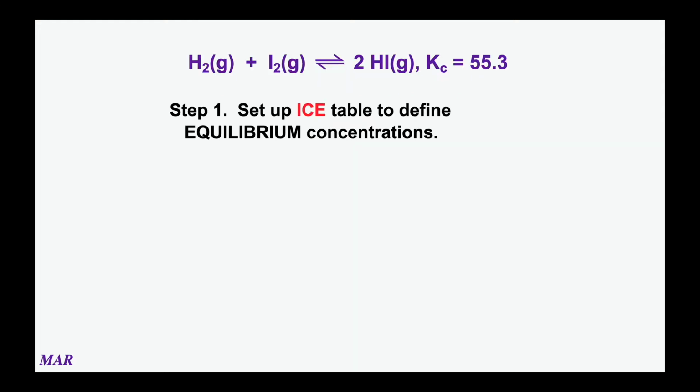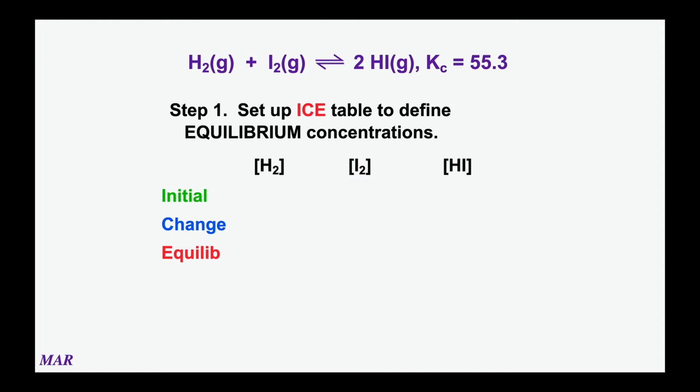So to solve a problem like this, set up the ICE table once again. And remember, ICE tables will be reactants on the left, products on the right. ICE stands for initial, change, equilibrium. So for this reaction, here's what I have set up: H2 and I2, and then HI on the other side. Now remember that H2 and I2, the reactants, are going to have a different change sign than HI.